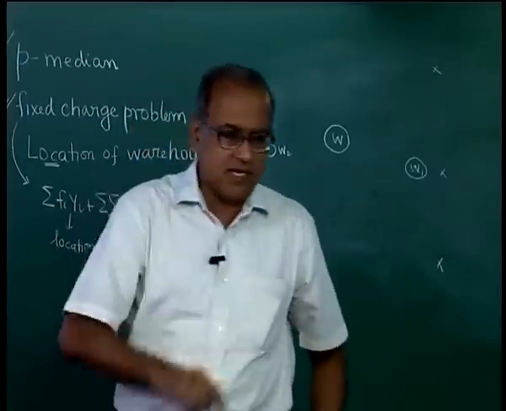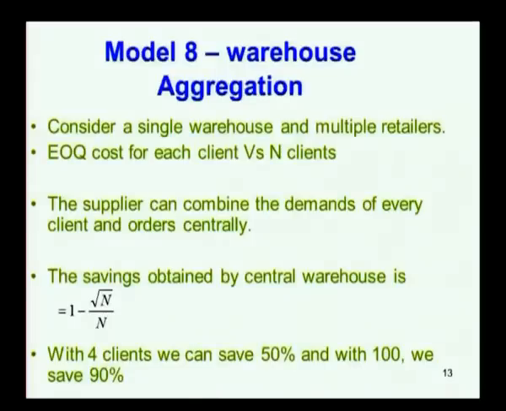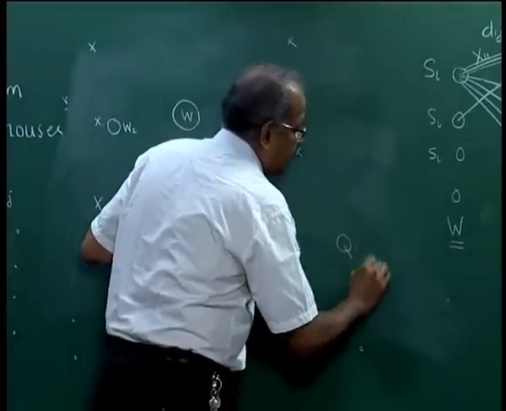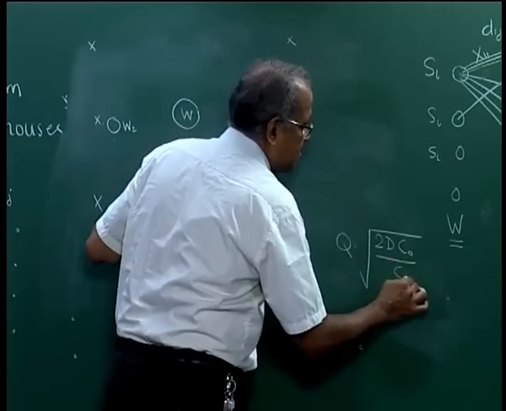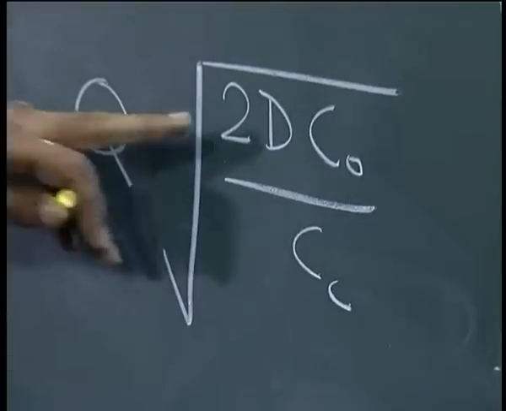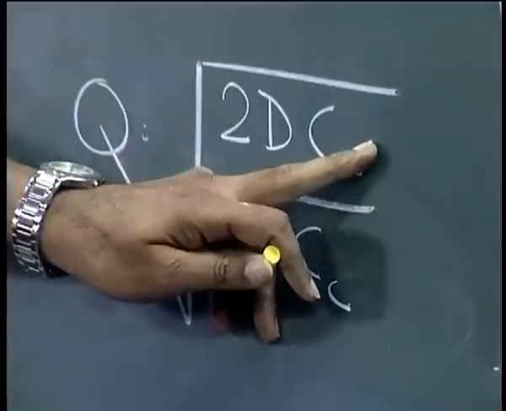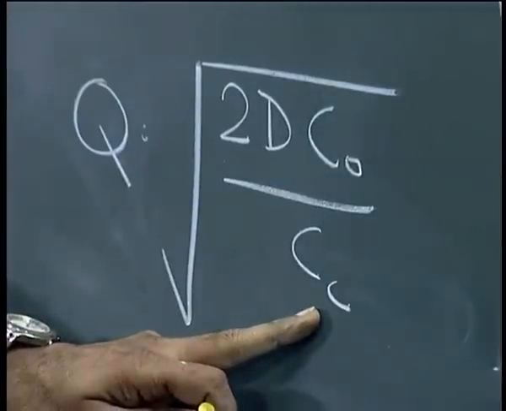Now we look at a single warehouse and multiple retailers. One could simply easily calculate the economic order quantity cost for each retailer for n retailers. So using our traditional formula that we have used, the economic order quantity Q will be equal to root over 2 D C naught by Cc, where D is the demand for the item, C naught is the order cost, and Cc is the inventory carrying cost.